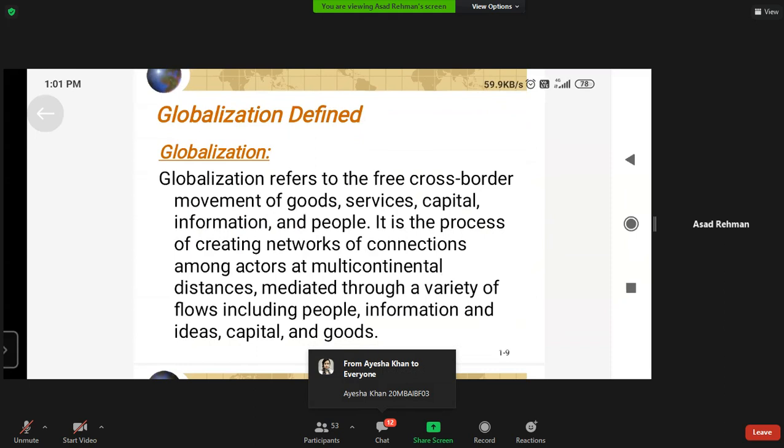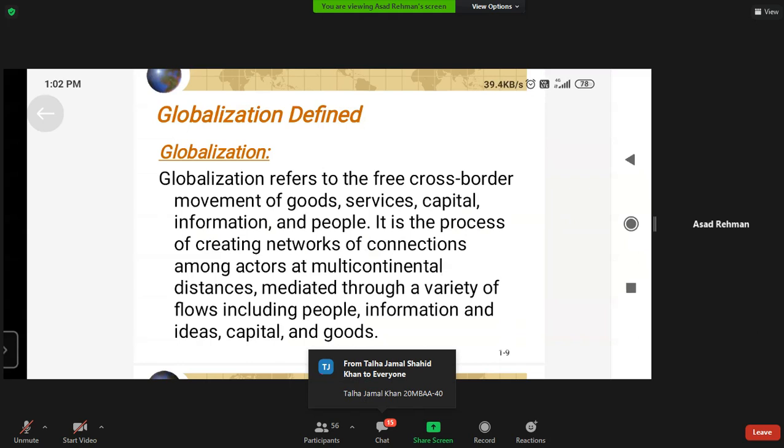So based on what we have discussed so far, we'll try to define globalization. Again, this is something which we are already aware of, and we use this term very frequently.